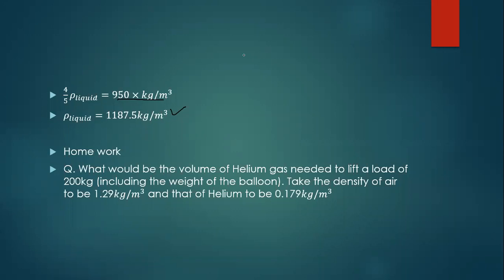So is anyone who is okay with the explanation, say I'm fine. Yeah, I'm fine. So Chipo, you have not said whether you are okay or not. I'm okay, sir.